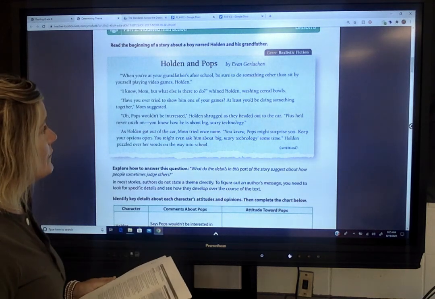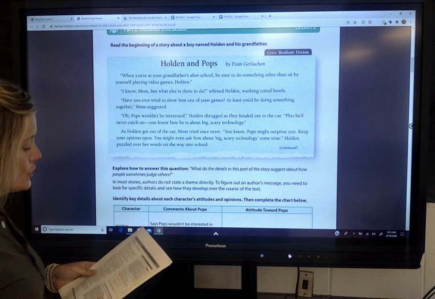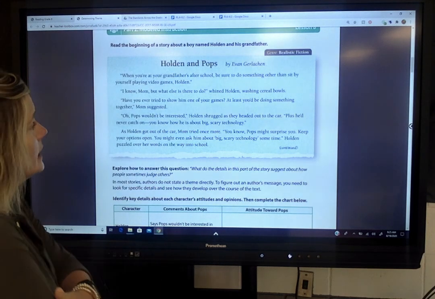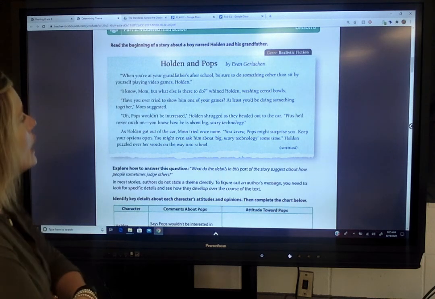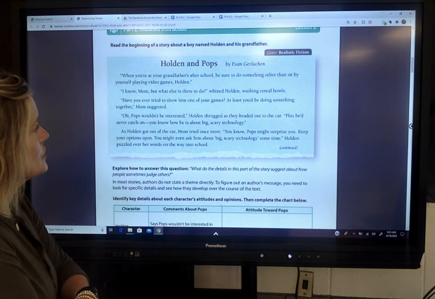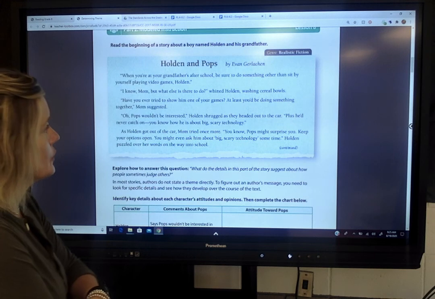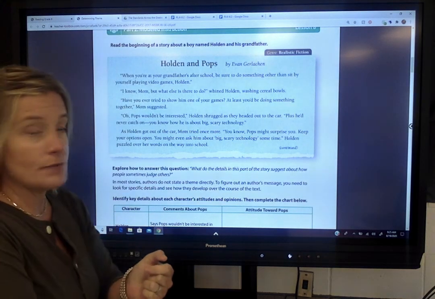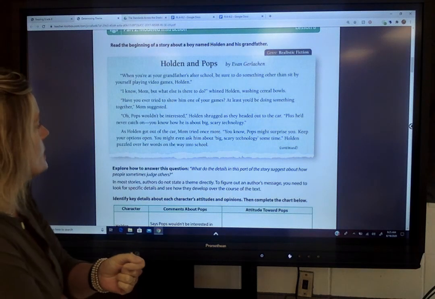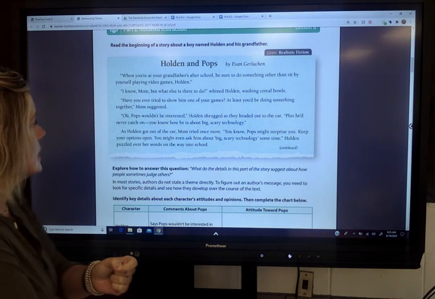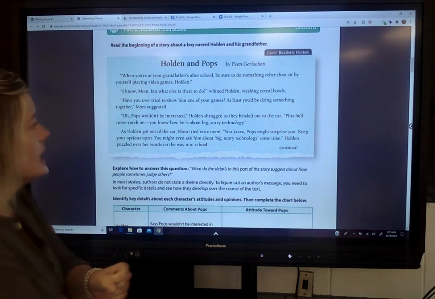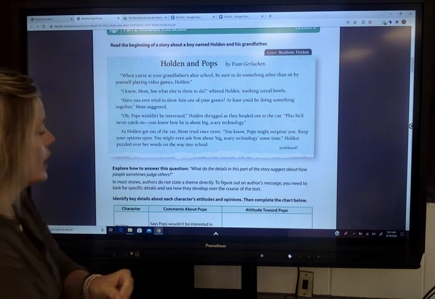When you're at your grandfather's after school, be sure to do something other than sit by yourself playing video games, Holden. I know, Mom, but what else is there to do? Whined Holden, washing cereal bowls. Have you ever tried to show him one of your games? At least you'd be doing something together, Mom suggests. Oh, Pops wouldn't be interested. Holden shrugged as they headed out to the car.